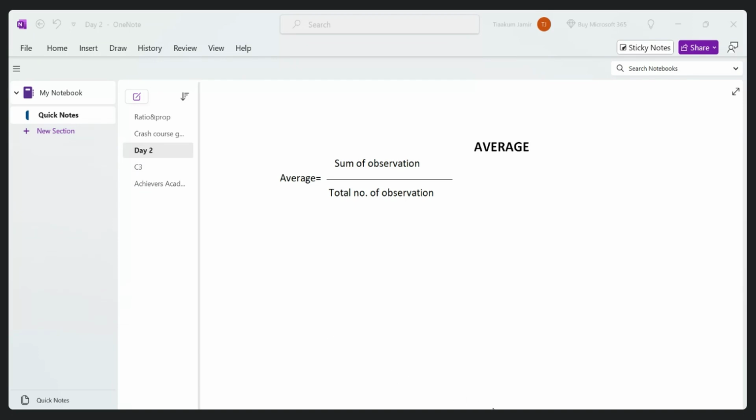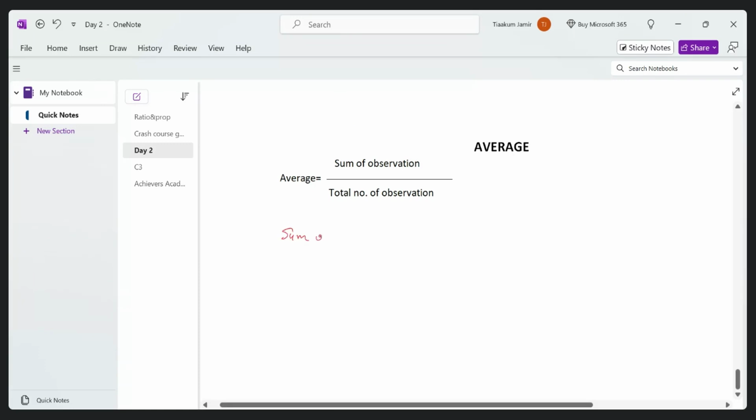Okay. Average. You have to know the definition of this one, right? Average means what? Sum of observations divided by total number of observations. From the definition, you can find the sum of observations also.